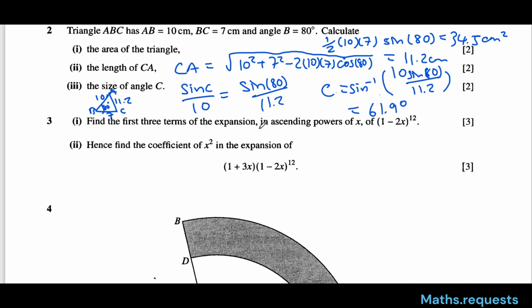Here's question 3. Find the first 3 terms of the expansion in ascending powers of x of 1 minus 2x to the power of 12.